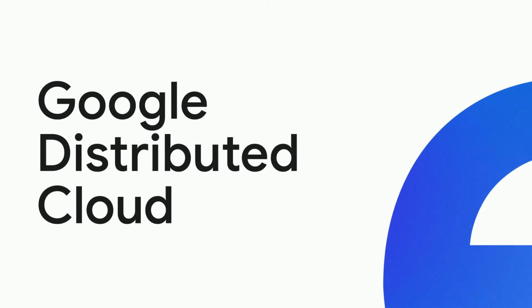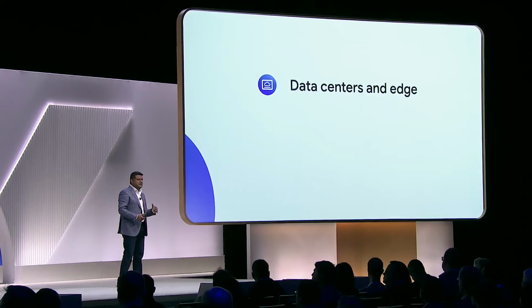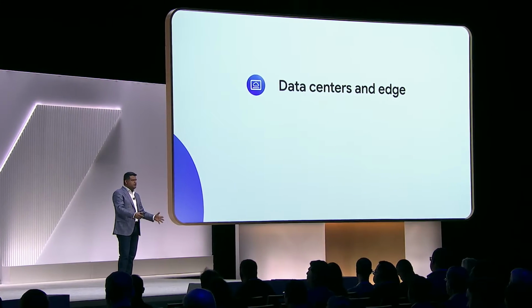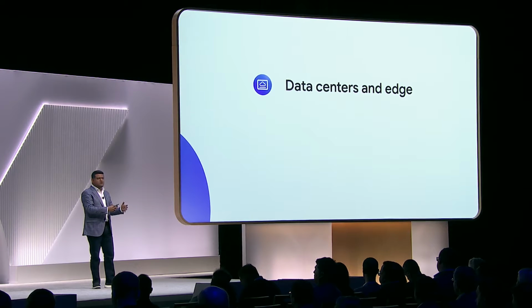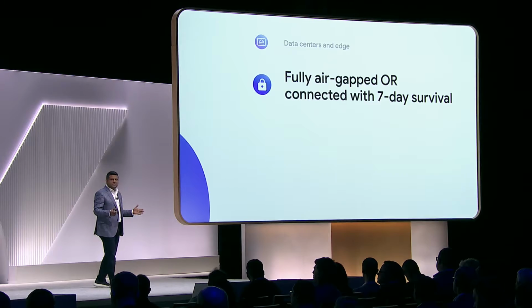Let's remind ourselves what Google Distributed Cloud is. Google Distributed Cloud provides an ability to extend cloud infrastructure fully managed on-prem into your data centers or at the edge, however you define that edge. That can be in a store, in a logistics center, in a co-location. It can be wherever you define that. We offer two configuration modes.